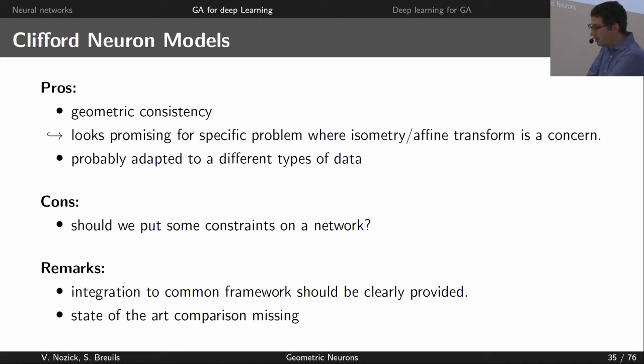If we know that our problem includes only isometry, affine transform, then maybe this is a super good solution because we can avoid errors and maybe have a faster convergence. So that could be interesting.